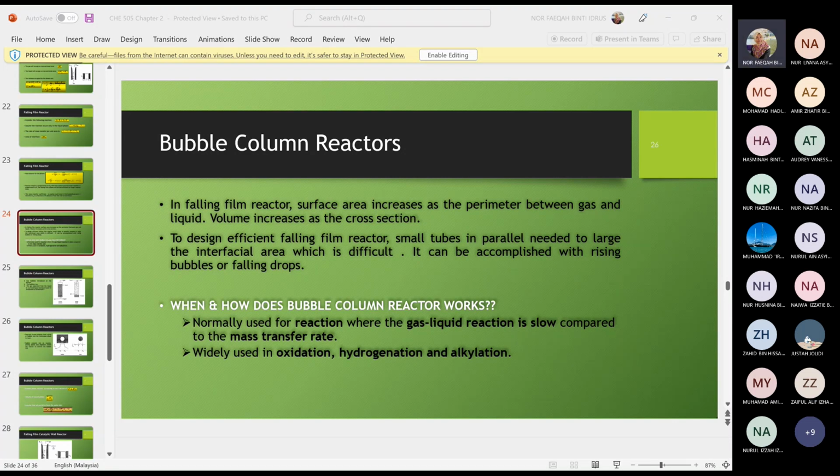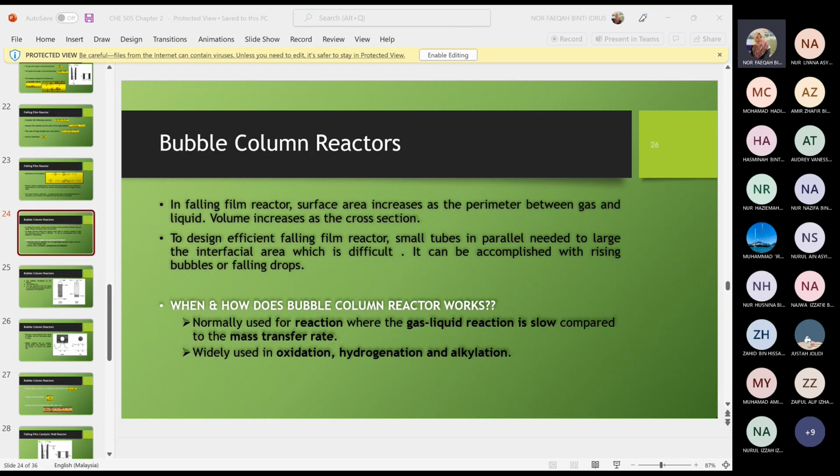Okay, and the gas here is the product after the reaction. This is the outlet of the gas product, or if there is no product, the remaining gas from the reaction. So that's the difference between a bubble column and a spray tower. But the concept is similar. How the reaction in bubble columns works is similar to the spray tower.